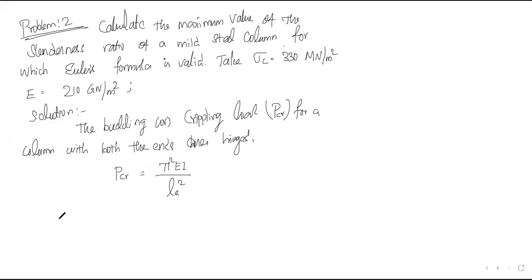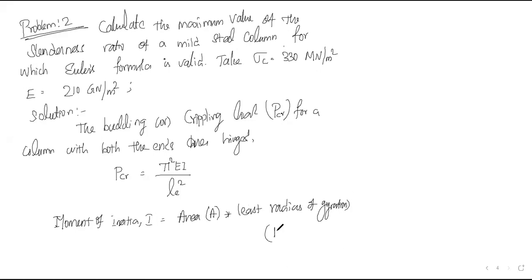I value, the moment of inertia, is the area A into the least radius of gyration, that is K squared. So nothing but I is equal to AK squared is the formula which we are going to use now.